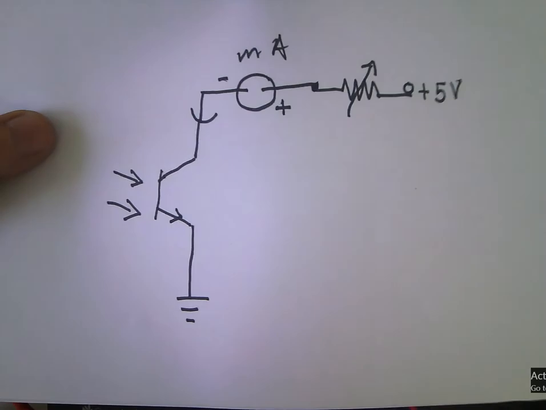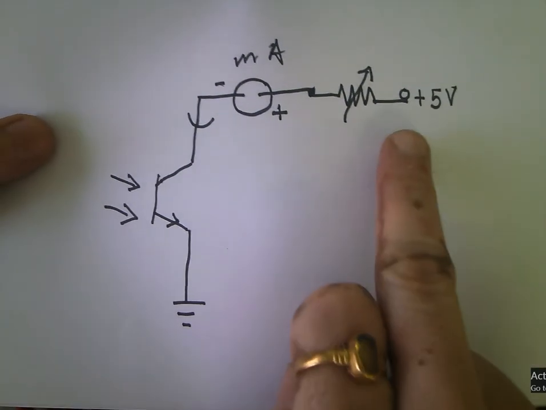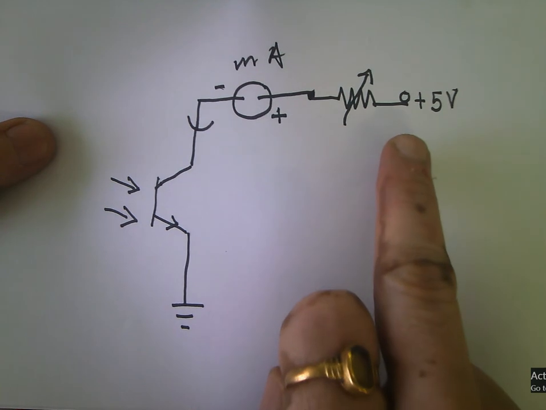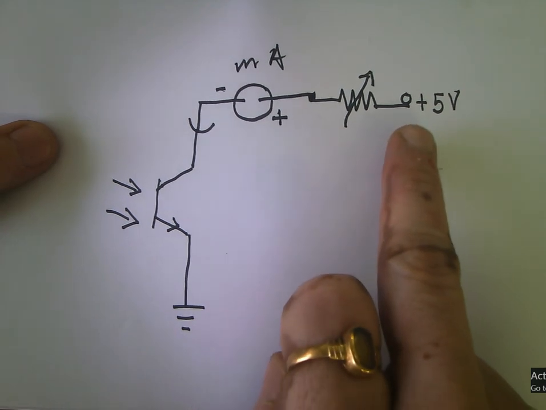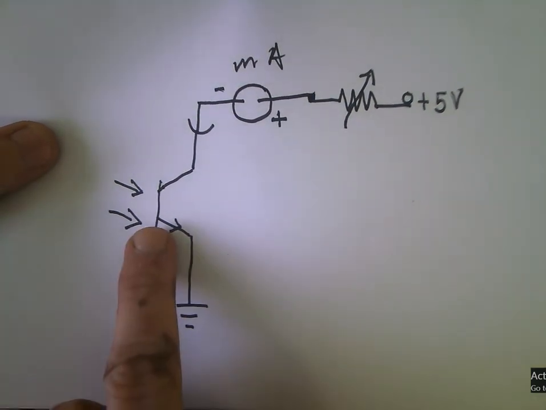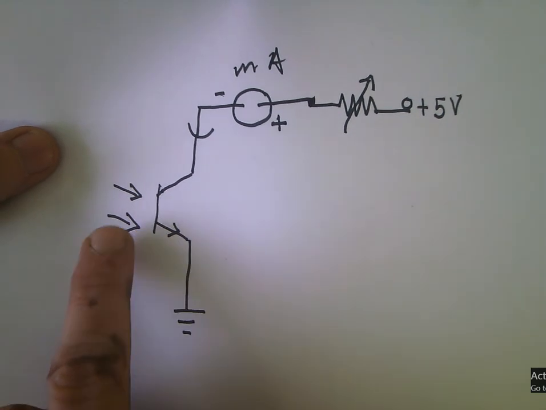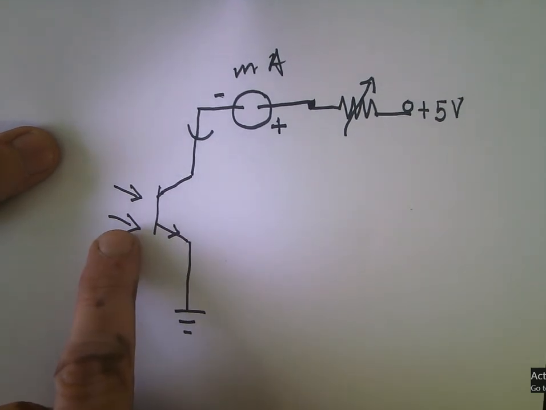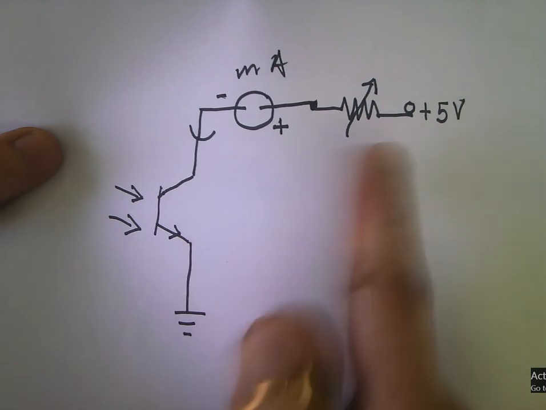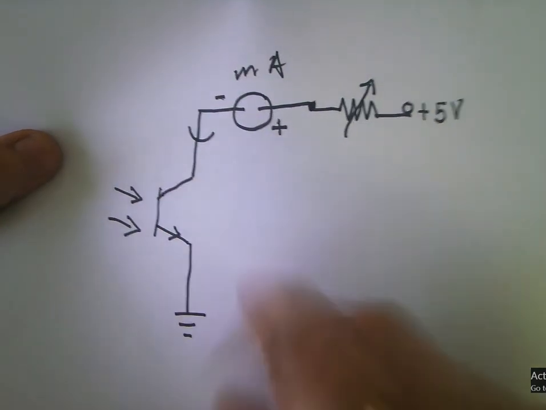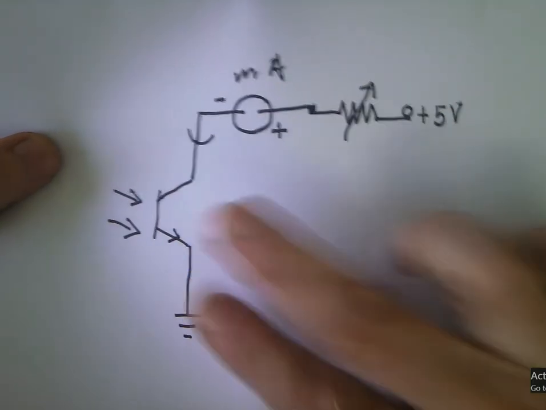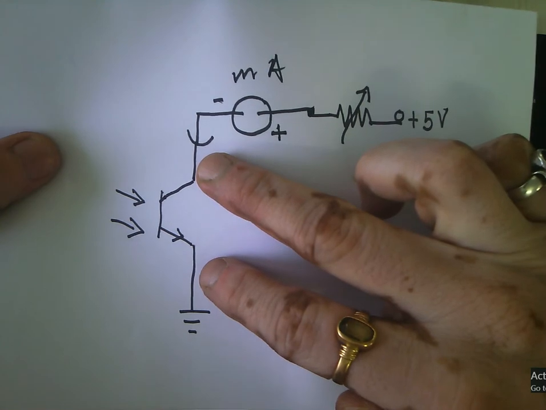Because you see here, if you look at this circuit and you are very interested to apply KVL over here, you can find when there is no light falling on the base of this phototransistor, you will be having the entire voltage across collector and emitter in between these 2 points. Why?